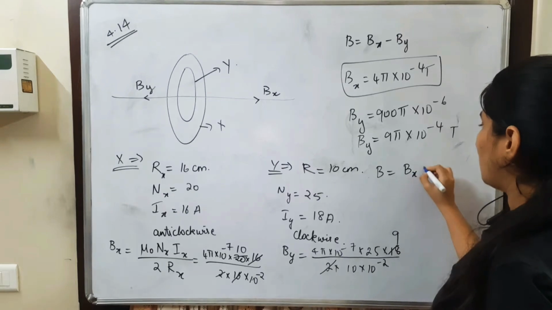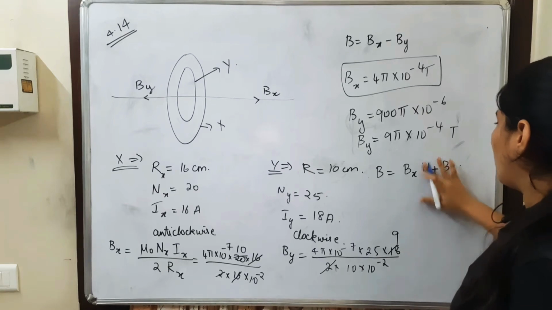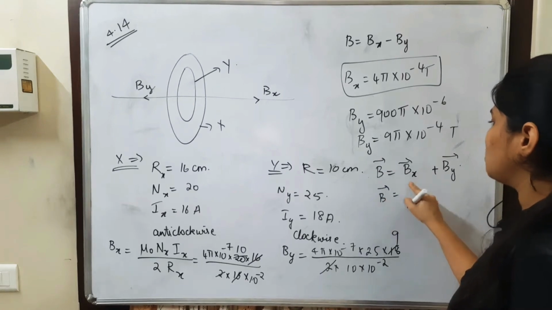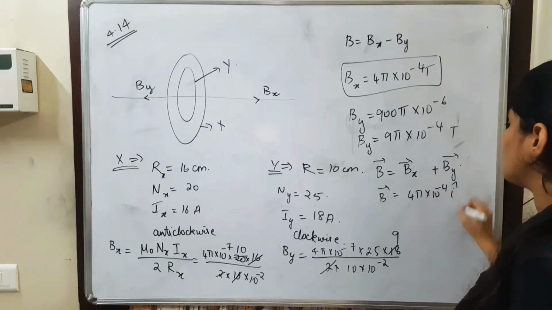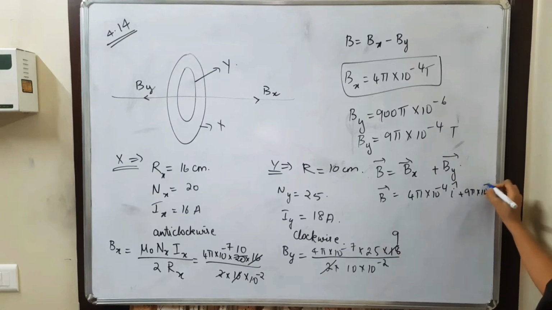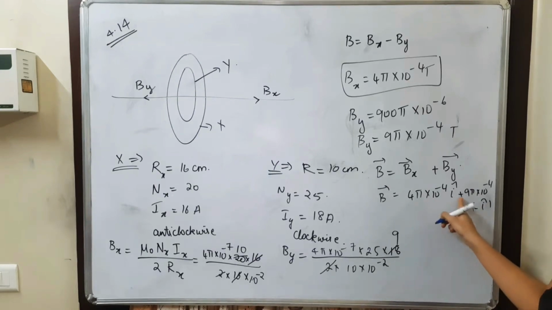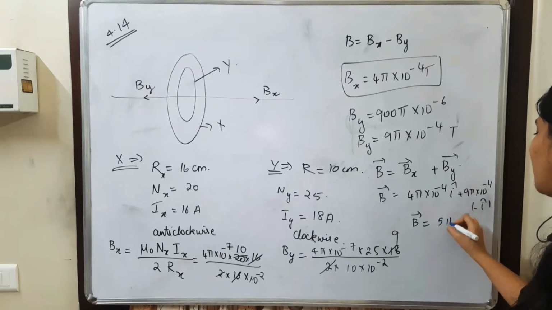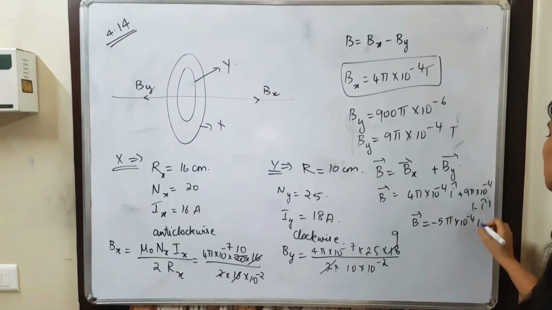I can write Bx vector plus By vector, that is B. Bx vector is equal to 4 pi into 10 power minus 4 in the positive X direction, and By vector is 9 pi into 10 power minus 4 in the negative X direction. When we find the resultant, we get 5 pi into 10 to the power minus 4 into minus i cap.